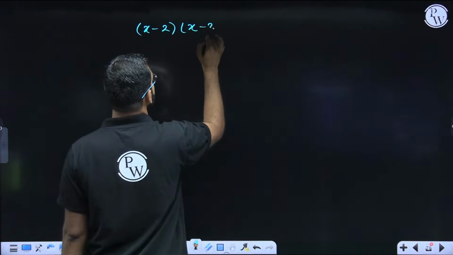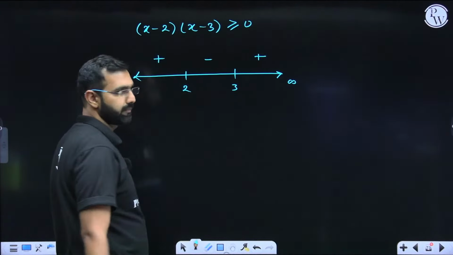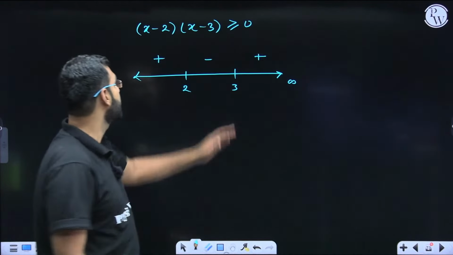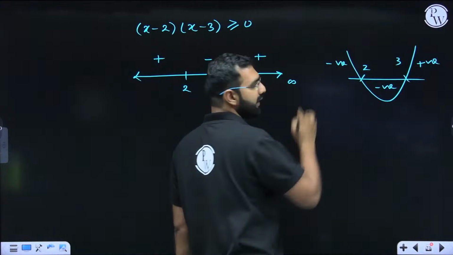Now what does the wavy curve method say? It says that here plot these numbers 2 and 3 on the number scale and begin from the right hand side: put a plus sign here, a minus sign here, and a plus sign here. Why am I saying so? Because this quadratic is going to be an upward facing parabola where between 2 to 3 it will be negative, after 3 it will be positive, before 2 it will be negative.